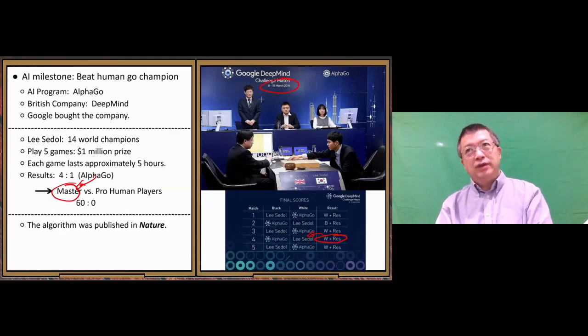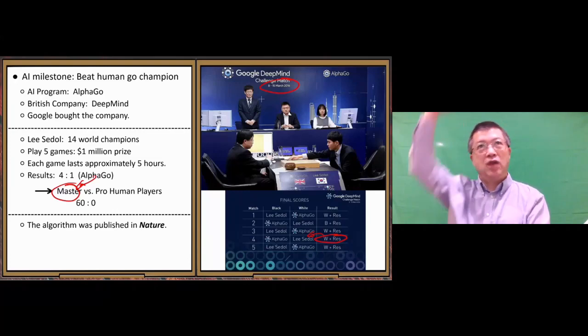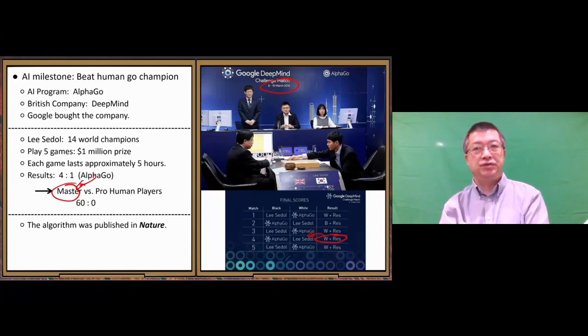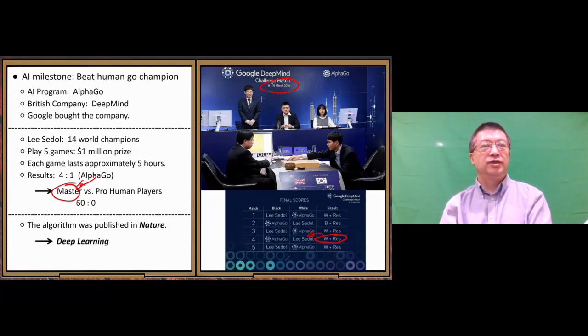So let's get back to the algorithm topic, because the whole thing is the algorithm behind it. That algorithm was published in Nature magazine, highly prestigious in the scientific community. The main method they used was deep learning.